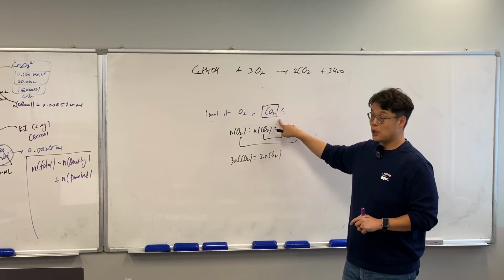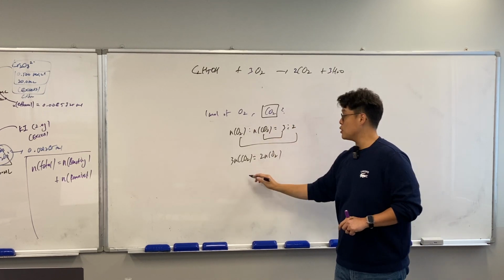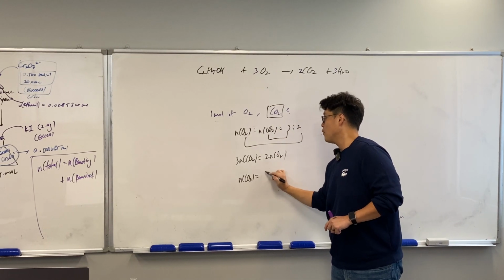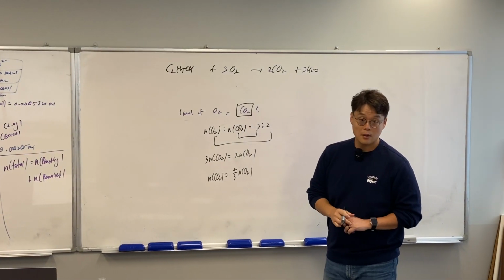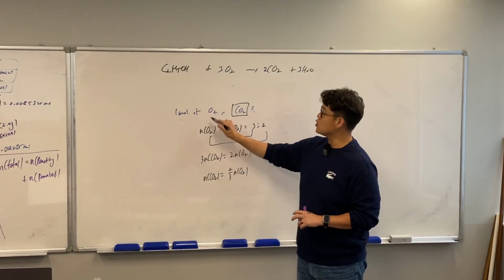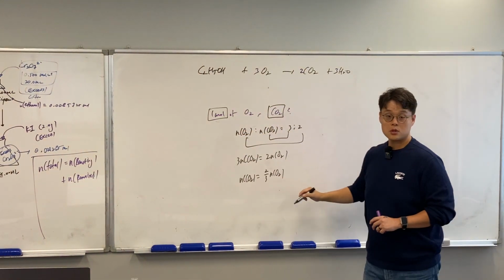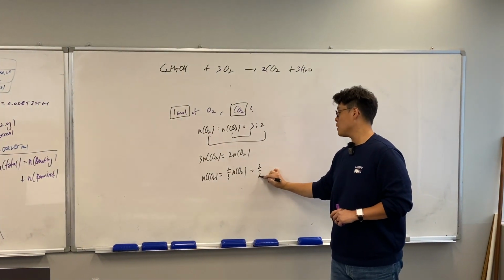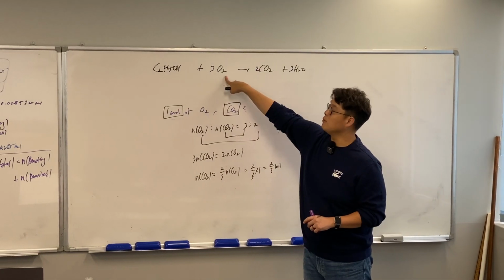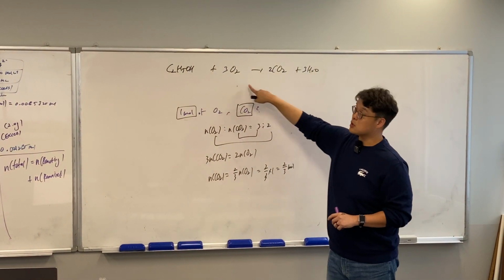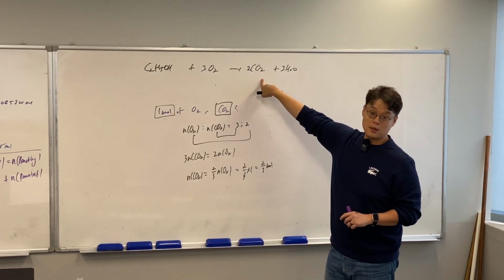I asked you to find the CO2, so make CO2 the subject. So n of CO2 is therefore 2/3 of the n of O2 given. What do we know about the n of O2? It's 1 mole. So that is the same as 2/3 times 1. So if we use 1 mole of the O2, you produce 2/3 of a mole of CO2.